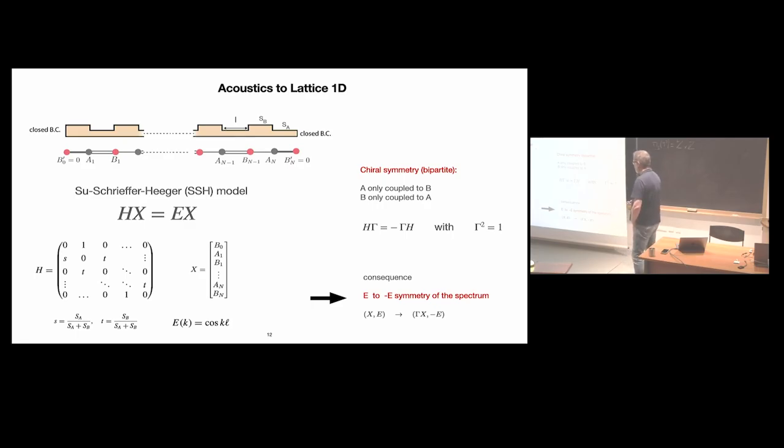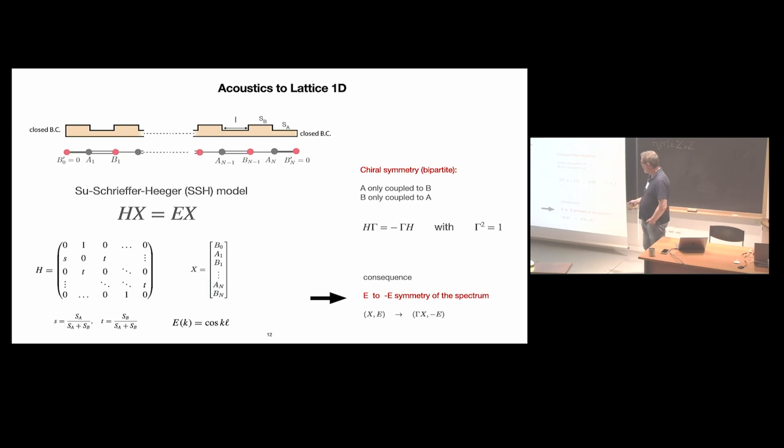Then, something of interest is that this SSH has a chiral symmetry. So here, maybe I will take 2 or 3 minutes to insist on that, because this word chiral is very dangerous. It's not the chirality of the hand. It is just an algebraic property saying that some operator gamma, such that the square is identity, is anti-commuting with our matrix H, our Hamiltonian.